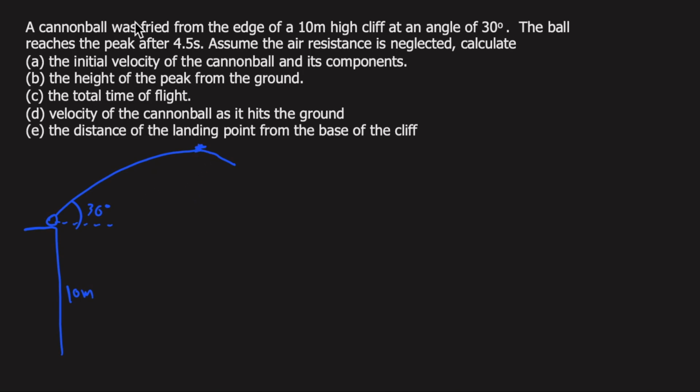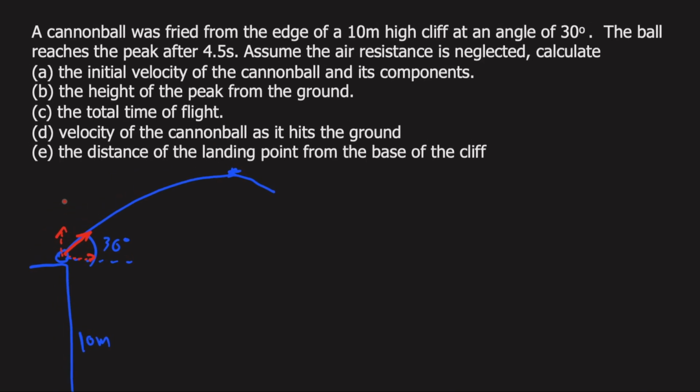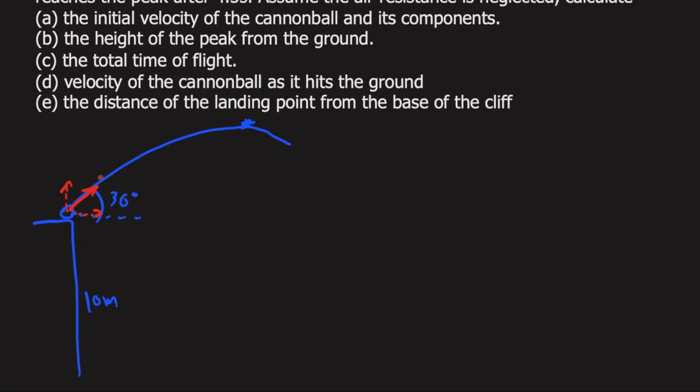Now we are asked to look for the initial velocity of the ball here. So this is the initial velocity, and of course its x and y component. So this is the x component of the velocity, this is the y component of the velocity. And so we have v here, and then this is v naught y, so this is v naught, and then this is v naught x.